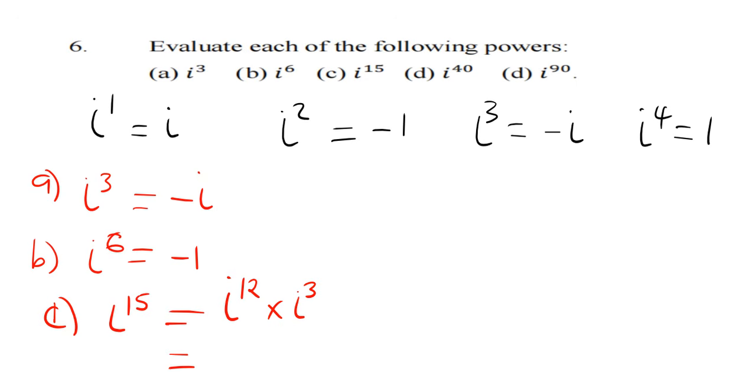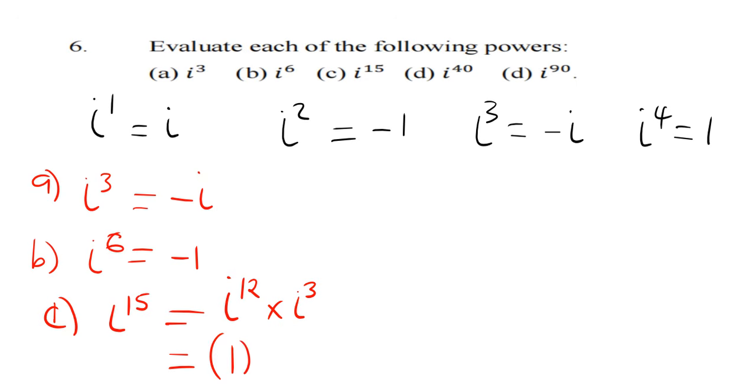i to the power 12, in this case, because 12 itself is an even number, we're able to see that i to the power 12 will just give us a 1, just the way i to the power 4 gave us a 1.